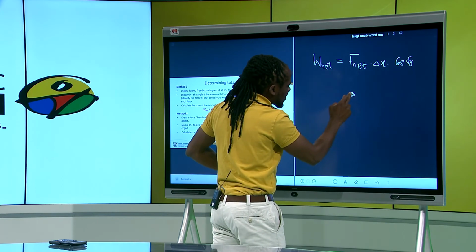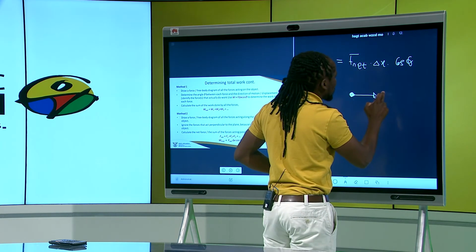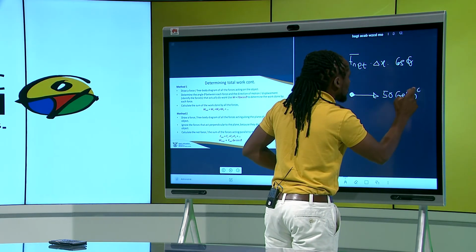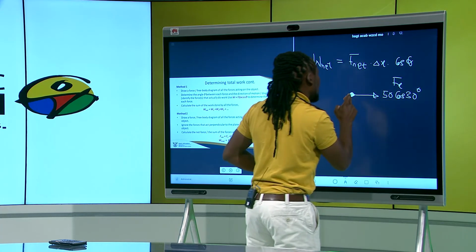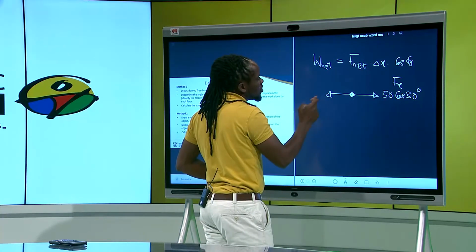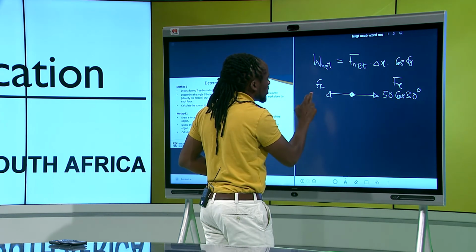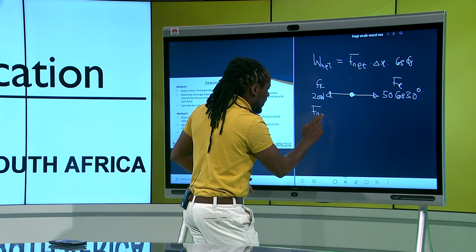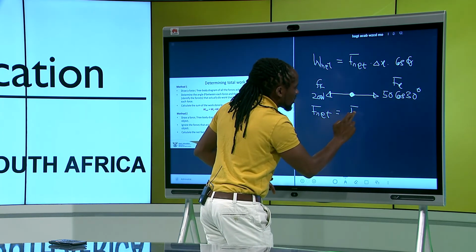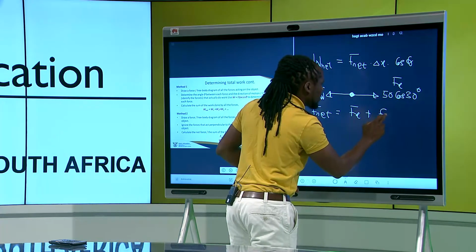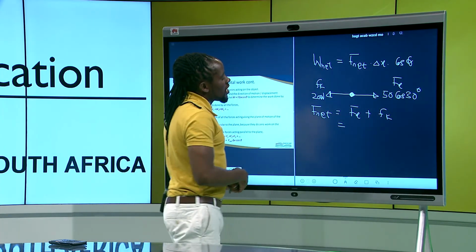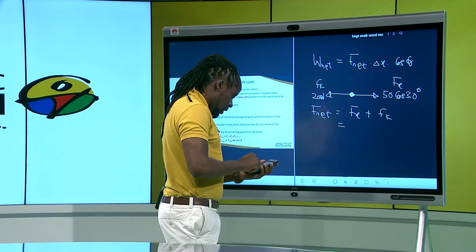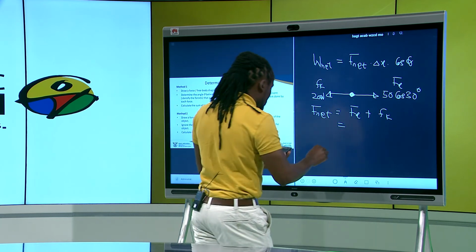So from our free body diagram, we had that 50 cos 30 degrees, which is our Fx, and we also had F kinetic, which is 20 newtons. Now, if we're going to determine the net force here, F net is equal to Fx plus F kinetic, right? Now, we have our Fx, which is 50 cos 30, we managed to do that earlier on. It gives us 43,3, okay?